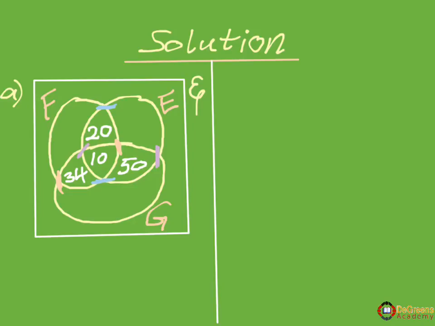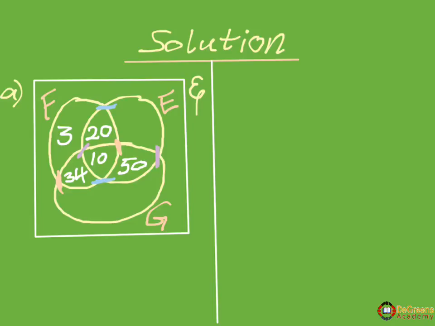Therefore, we have 3 lacking to make that 67. So that 3 will fall in the region for French only. So if you now add everything within the circle for French, you have 67.